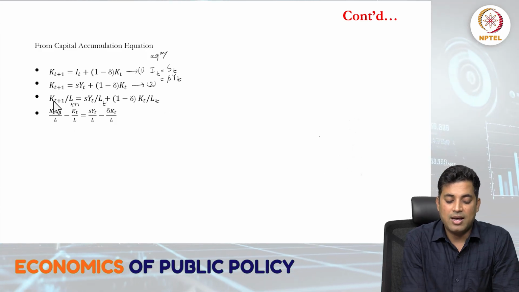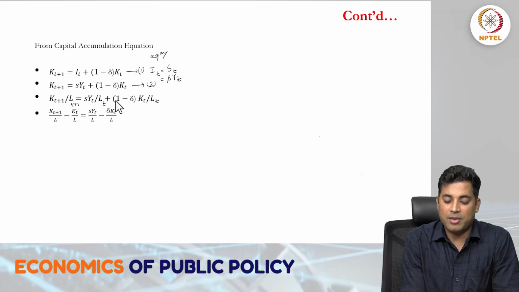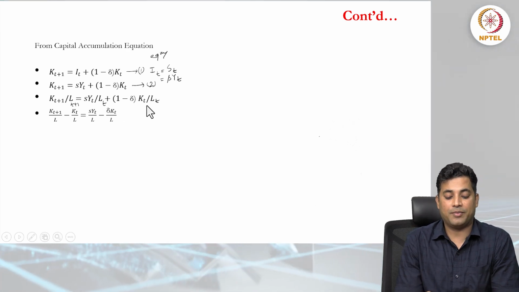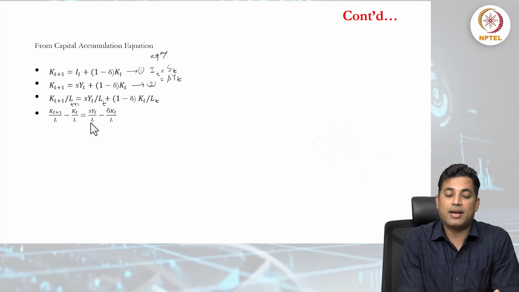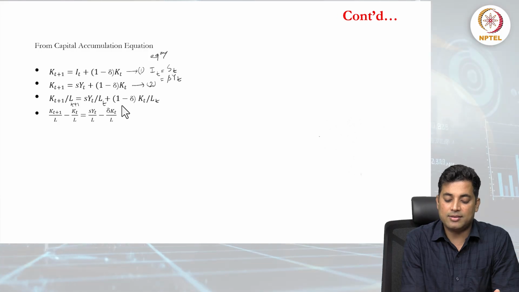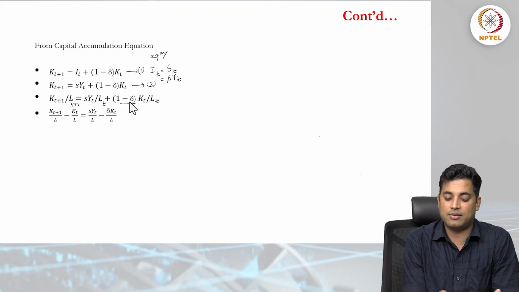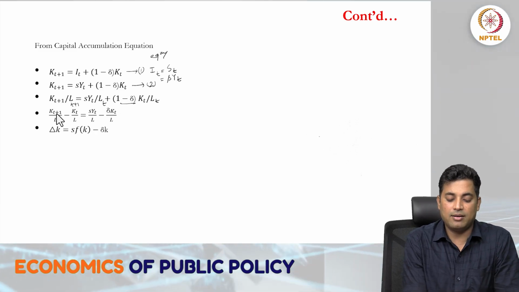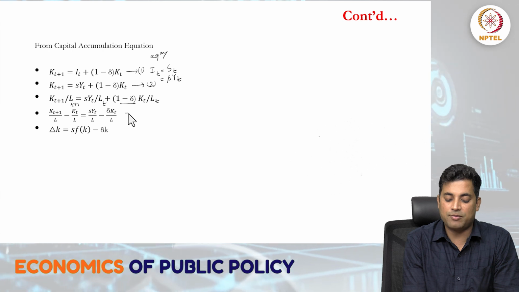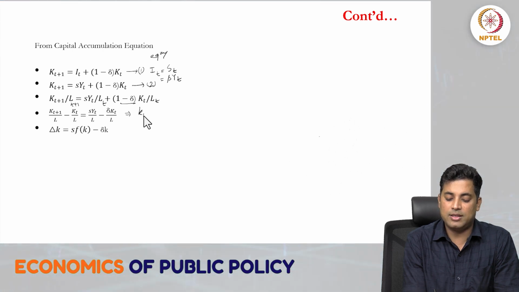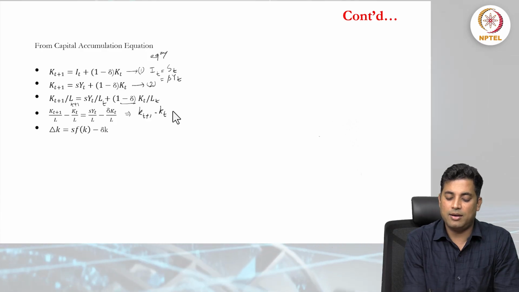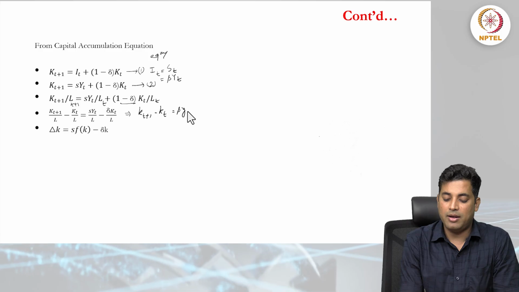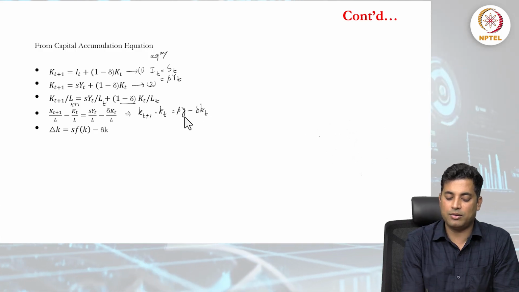From the previous equation, I'll expand K(t+1)/L(t) minus K(t)/L(t). So we have taken K(t)/L(t) to the left-hand side, and on the right-hand side it remains s·Y(t)/L minus the second part, delta times K(t)/L. So one more expansion: this is small k(t+1) minus small k(t), equals small s times small y, because Y(t)/L(t) is basically output per labor, minus delta times small k(t).